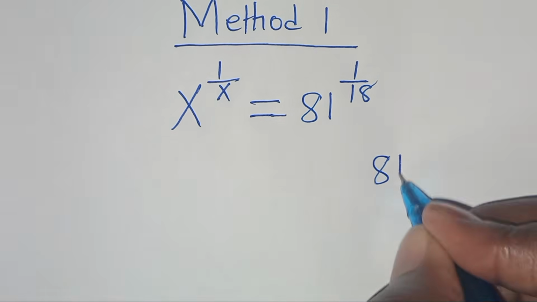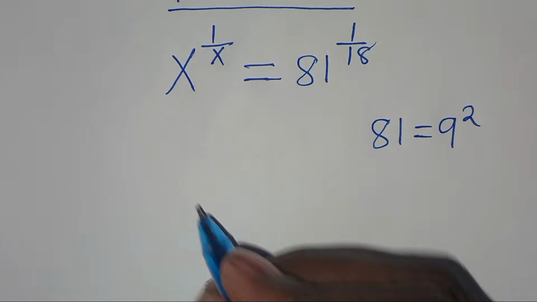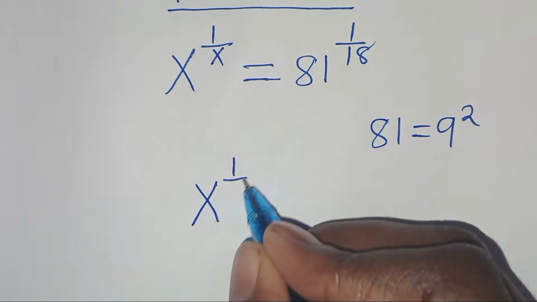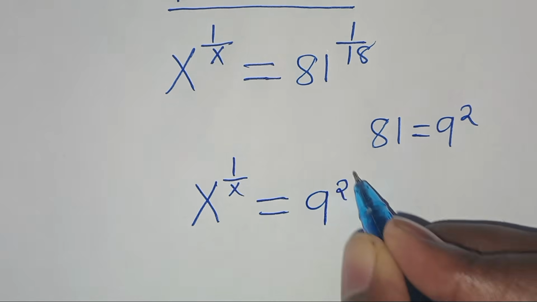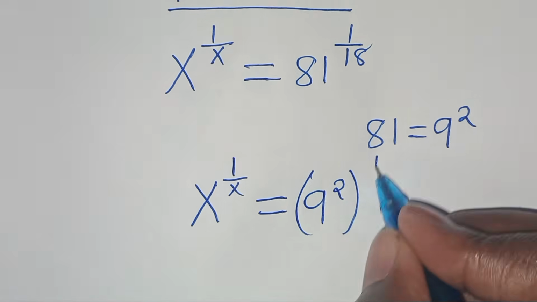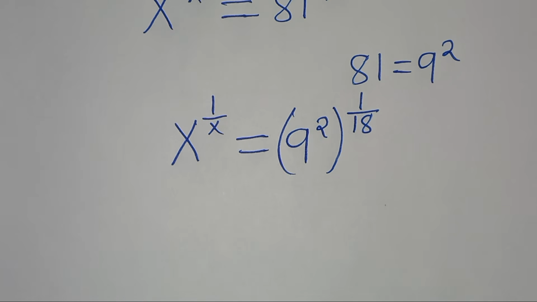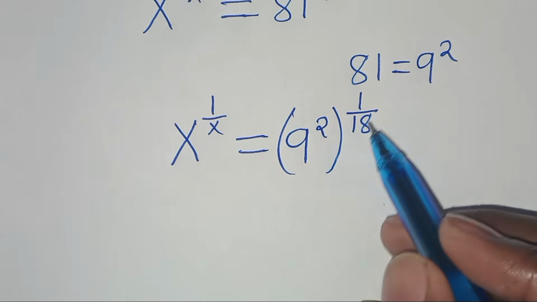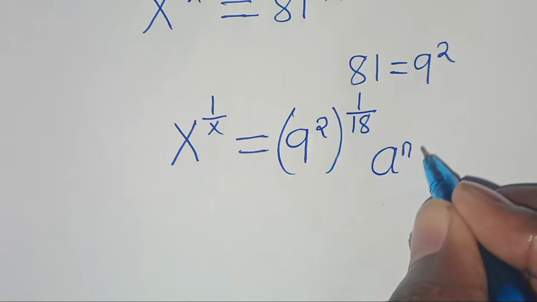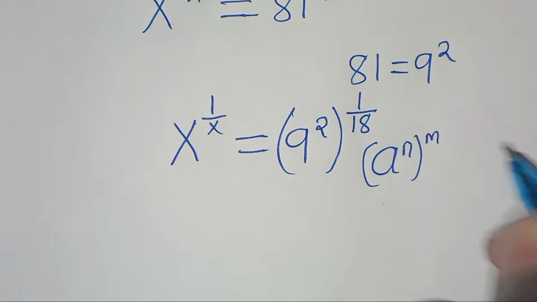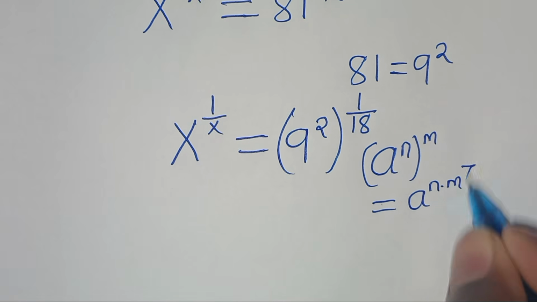We can express 81 as 9 to the power of 2. So x to the power of 1 over x is equal to 9 raised to the power of 2, then raised to the power of 1 over 18. Now, 9 to the power of 2 raised to the power of 1 over 18 is in the form of a to the power of n raised to the power of m, which we can express as a to the power of n times m.